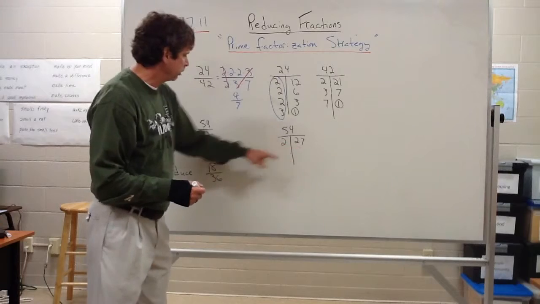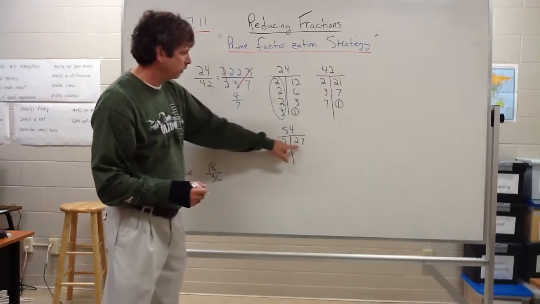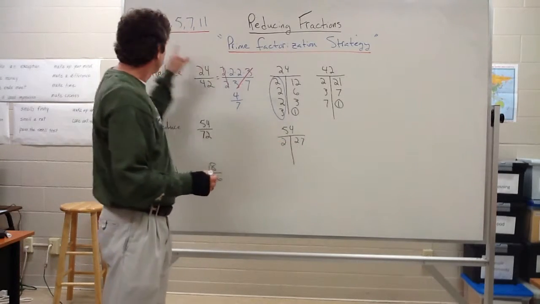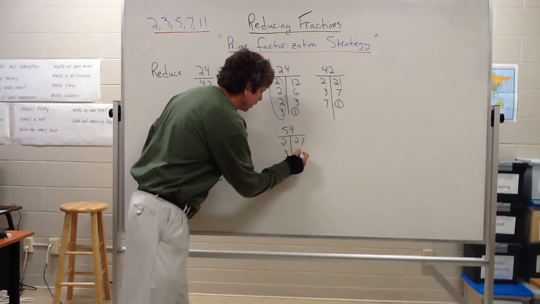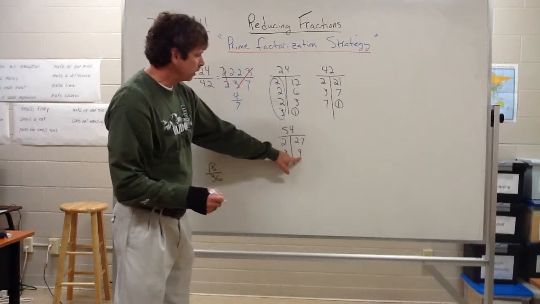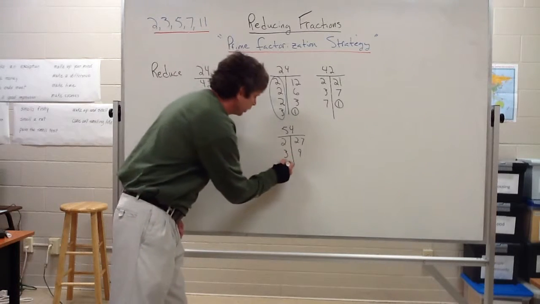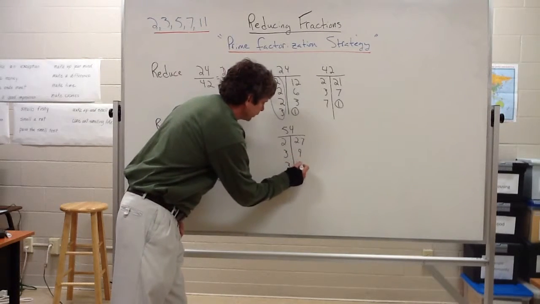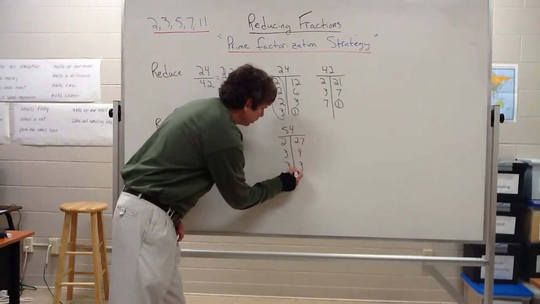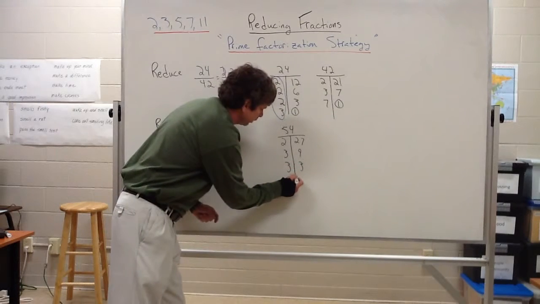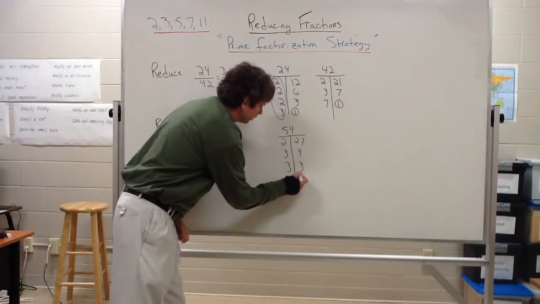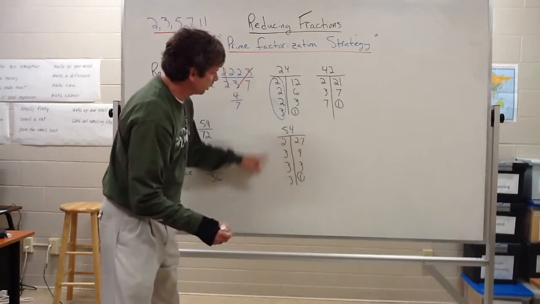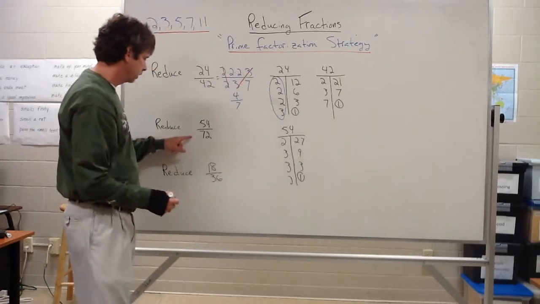Now we're at the 27. Again, 2 falls out because 27 is an odd number. But 3 does work. So 3 will go into 27 9 times. Now we're down to the 9. Again, 3 works. 3 goes into 9 3 times. And we did know 3 goes into itself. So 3 is going to go into 3 one time. So this left side becomes our prime factorization.